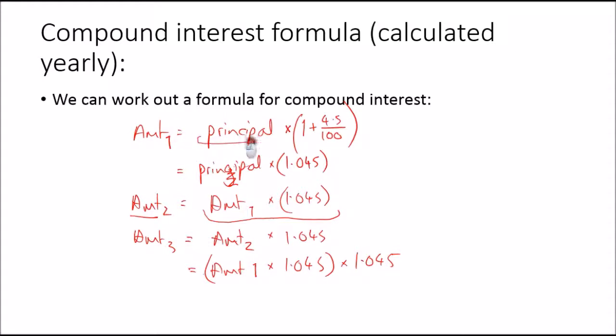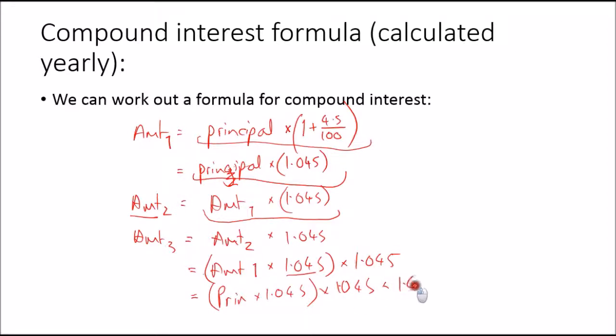It was the principal with the interest added on, or the principal times 1.045. So I'm going to put that in here. So I'm going to have principal times 1.045, and this is times 1.045 from the second year, and it's times 1.045 here for the third year. So, something interesting has just happened.